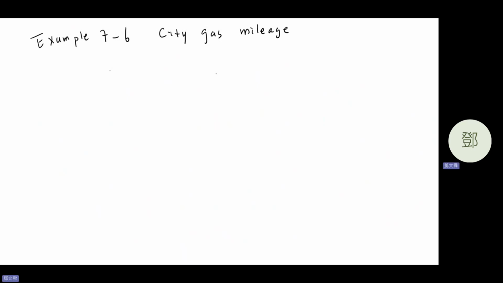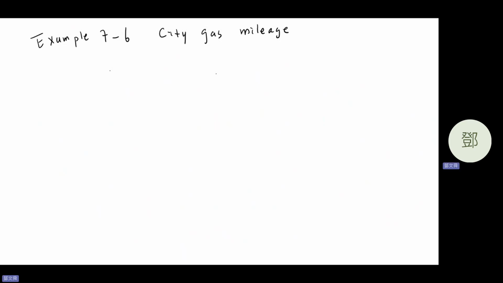If you fill your car's gas tank and drive in the city, the mileage is very low.